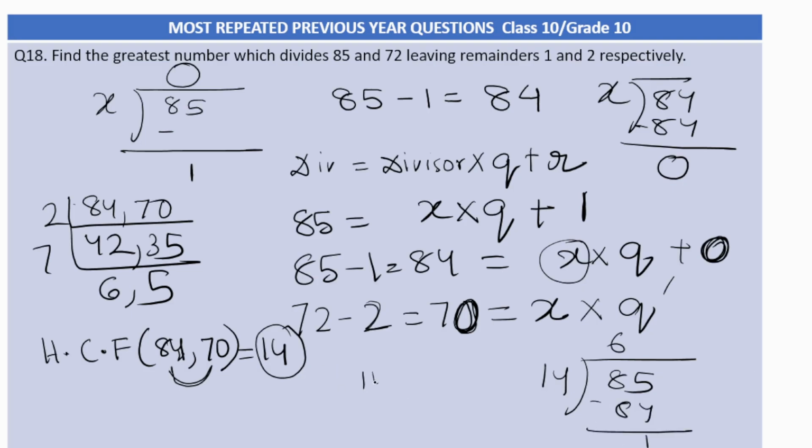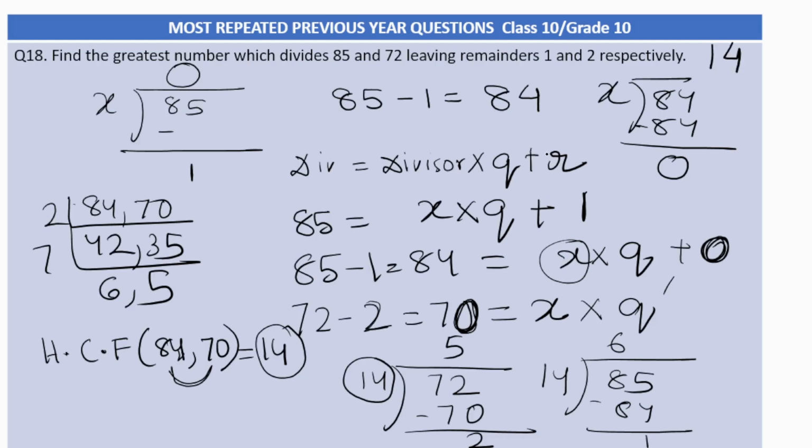Similarly, if you divide 72 by 14, 14 5s are 70, so the remainder we get is 2. That means the greatest number that we are searching for, which divides 85 and 72, leaving remainders 1 and 2 respectively, is 14.